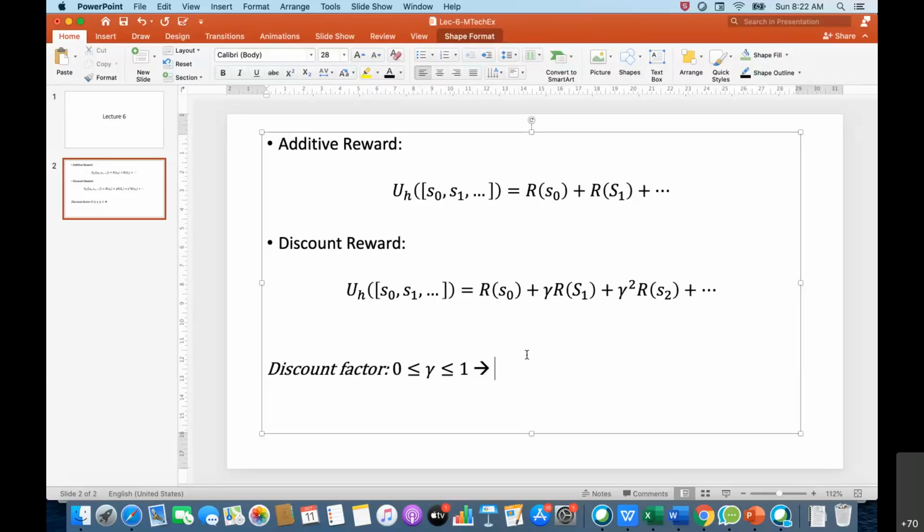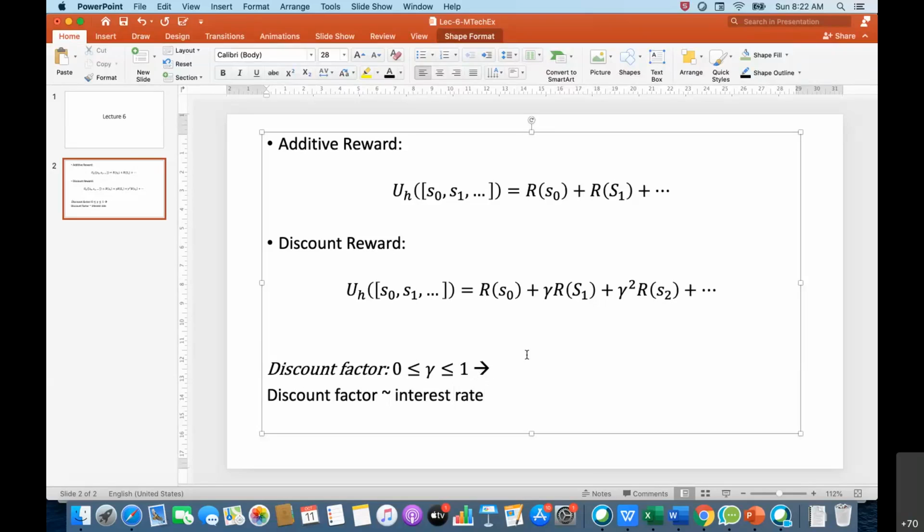So we can see that the discount factor is equivalent to the interest rate. How can the interest rate be computed?